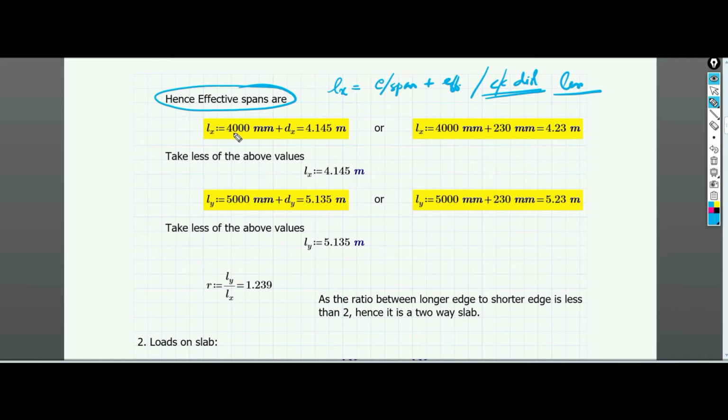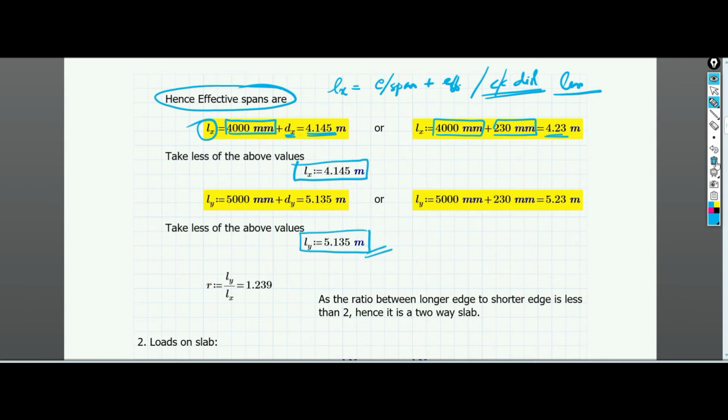So if I take the clear span as 4000 mm, 4 meter, plus dx, for Lx it is 4.15 meter. If I consider the center to center distance, that is clear span plus support width, whichever is less is taken. So the effective length Lx is equal to 4.15. Similarly, Ly is 5.135 meter.